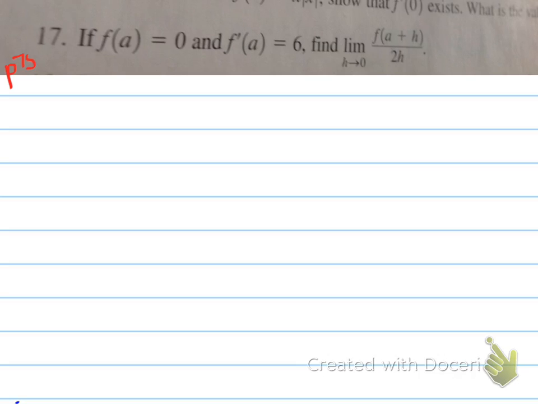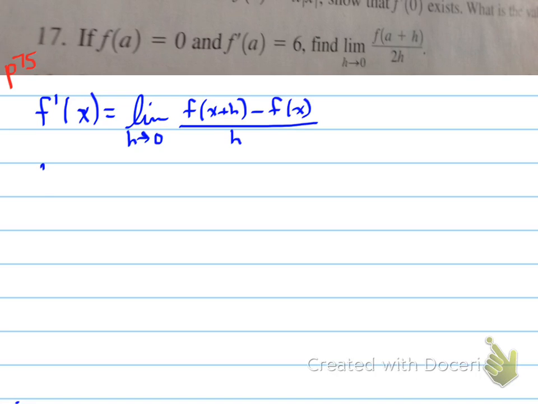f prime at x is equal to the limit as h approaches 0 of f at x plus h minus f at x over h. So let's convert that f prime at x, since we know that this is the definition of a derivative.